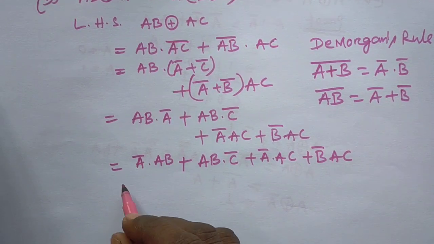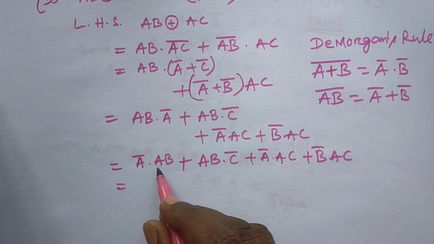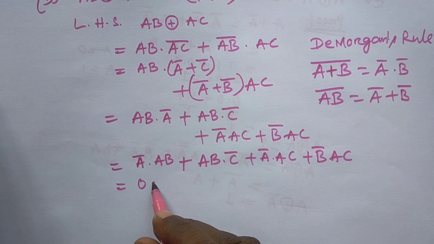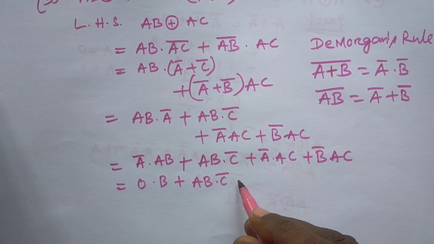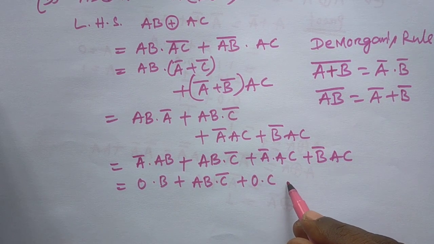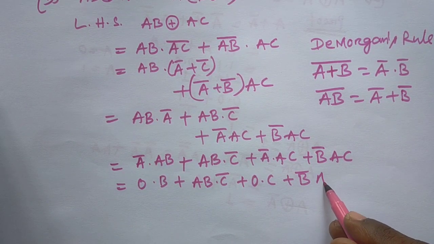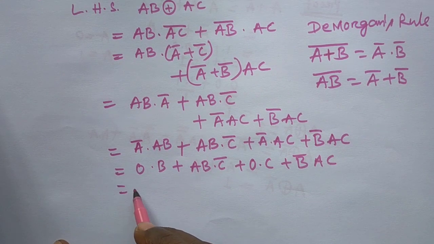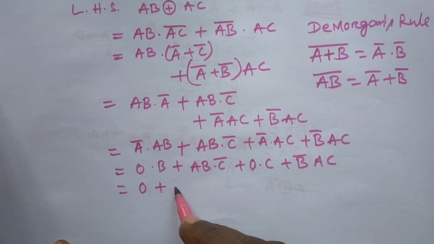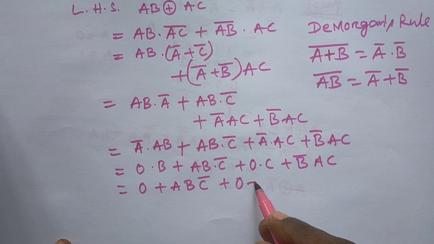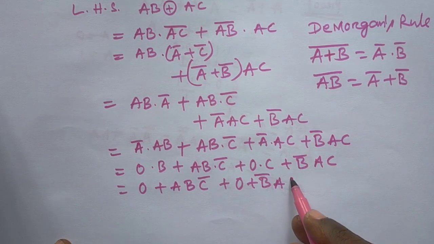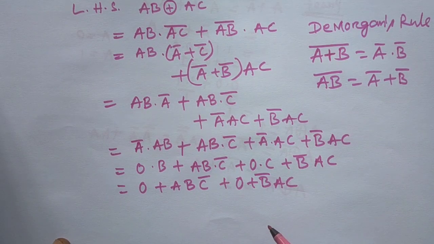Okay. Now see, this A complement A is 0, 0 into B, plus ABC complement, plus here 0 into C plus B complement AC. Now see, it is 0 plus ABC complement, plus 0 plus B complement AC. Now what do you write?